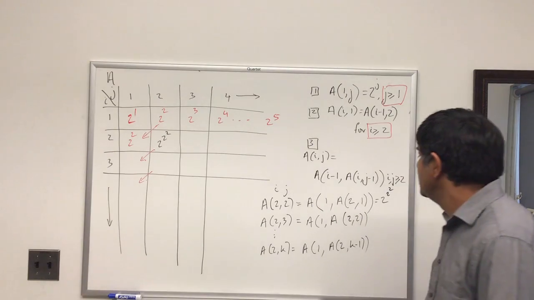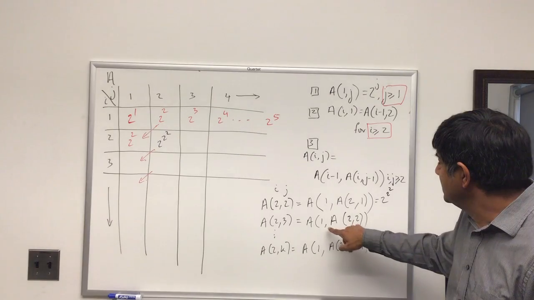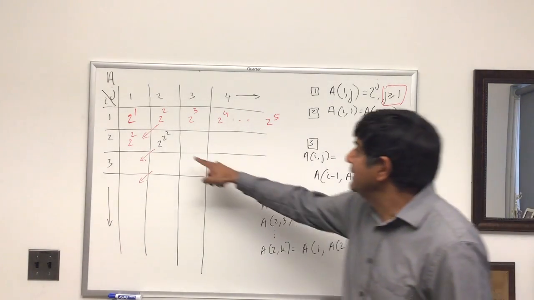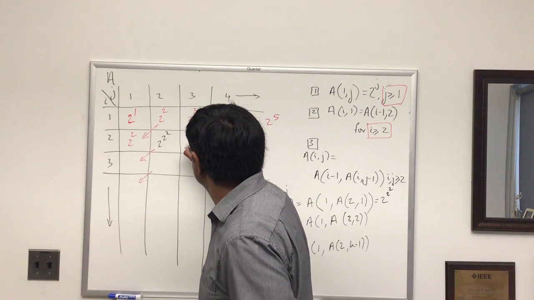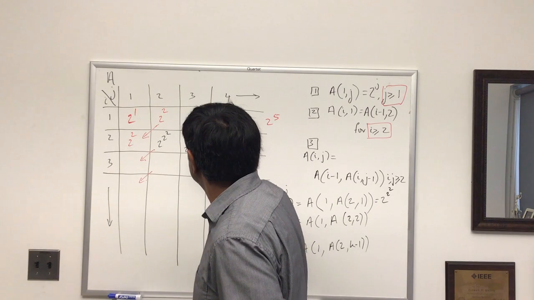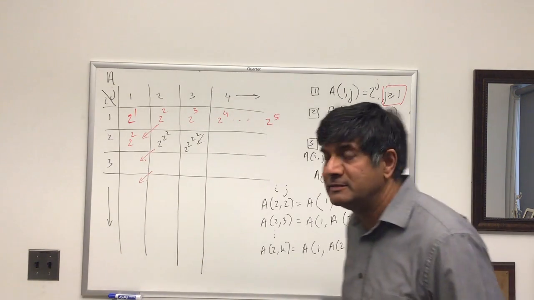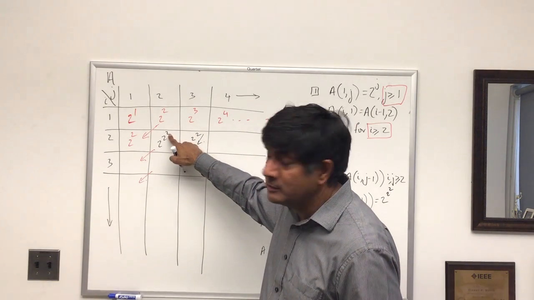Okay. And then what's A23 going to be? It's going to be 2 to the power whatever is in A22. In other words, the value here. So this is going to be 2, 2, 2, 2. Remembering that we are evaluating in this direction. So by the way, how much is this? So this is 2 squared is 4.